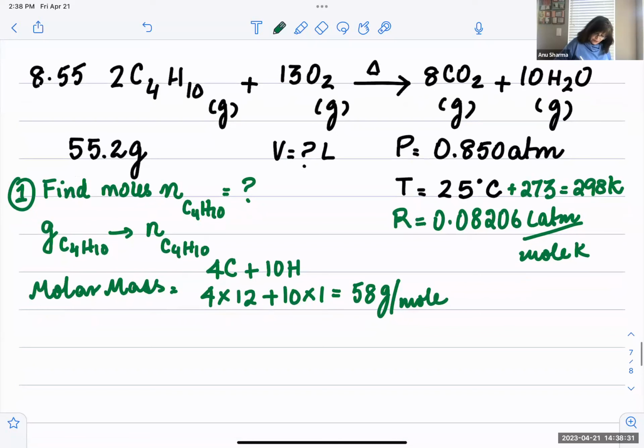So once you get the moles, the next is find the moles of oxygen. How?